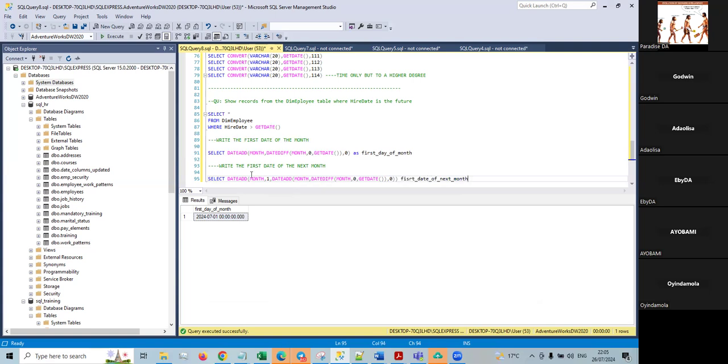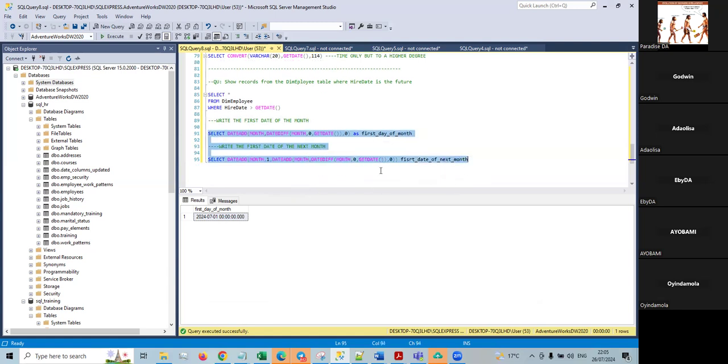Okay, so let's see whether this will be right. And you see, this has given us 1st of August, 2024. Now, what is the implication of this?